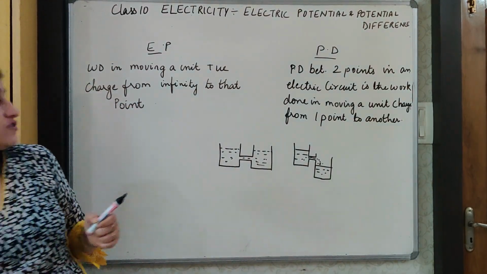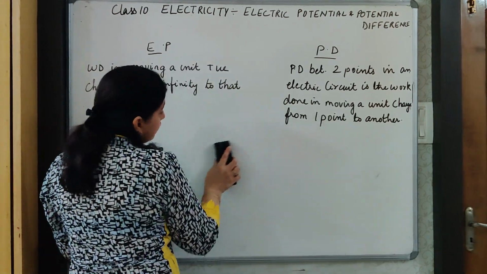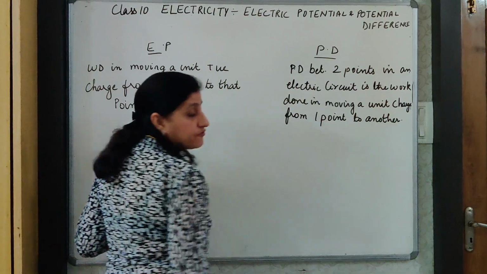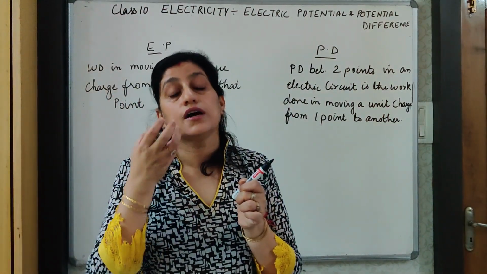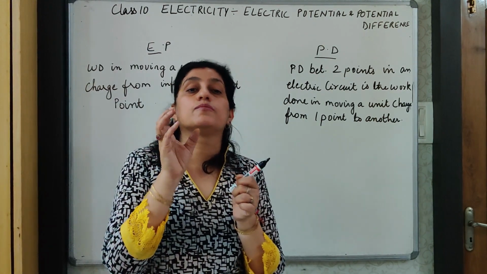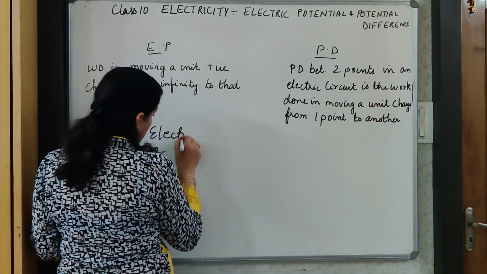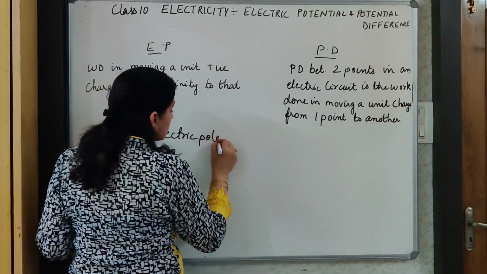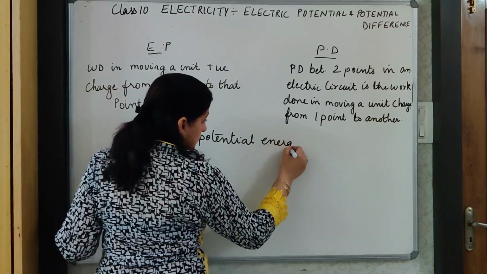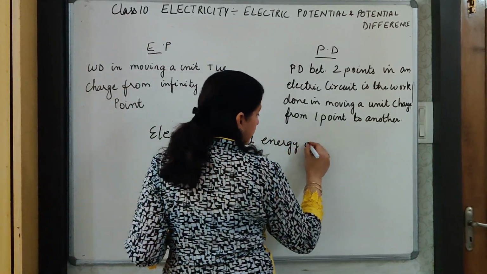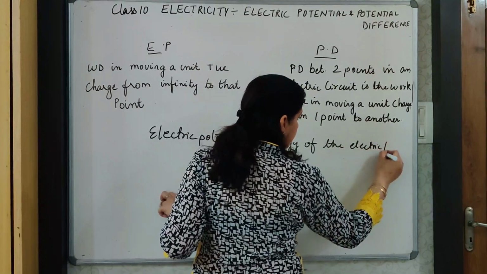Now let's move on after these examples to the electric potential. First of all, what is electric potential? We know that electricity is the flow of charges. So the availability of the charges will be the potential. Electric potential basically is electric potential energy of the electric field.